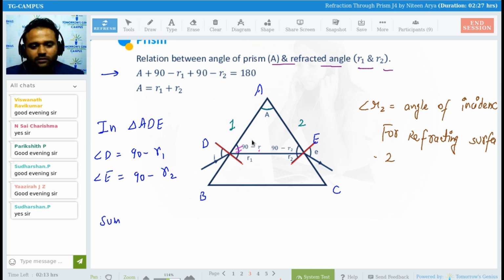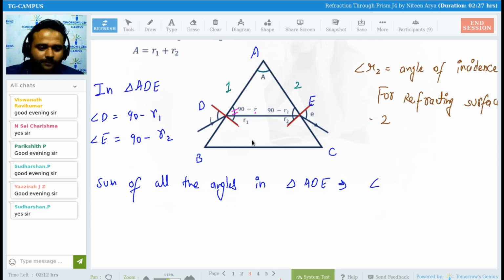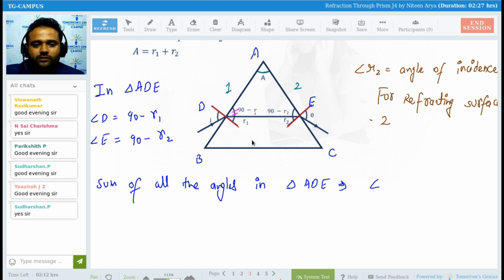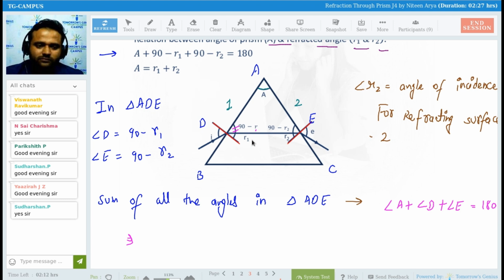Sum of all the angles in triangle ADE, which is this, angle A plus angle D plus angle E is going to be 180 degrees. Angle A is given prior to any particular numerical. In general, it is 60 degrees.